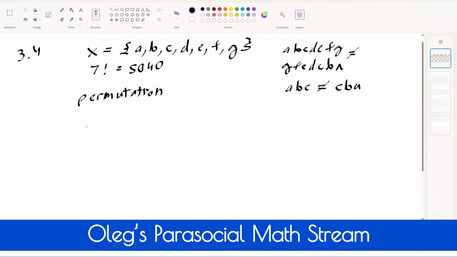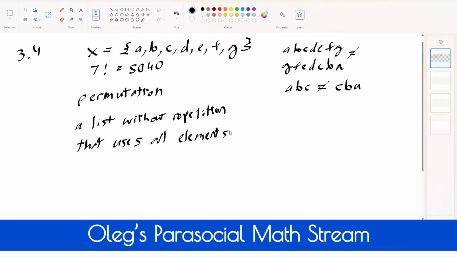So basically, for example, they're showing us 1, 2, 3; 1, 3, 2; 2, 1, 3; 2, 3, 1; 3, 1, 2; and 3, 2, 1.